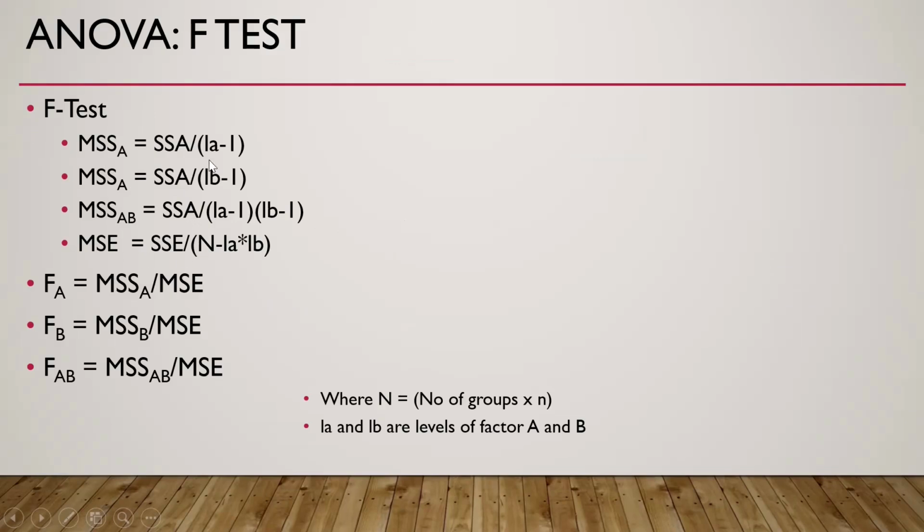So here LA means levels of factor A and LB means levels of factor B, and capital N means the total number of observations or the number of groups multiplied by their replications. And this is how we calculate the F statistics, and these are the degrees of freedom.